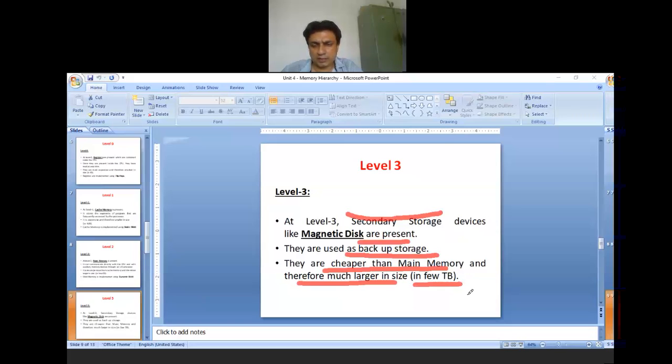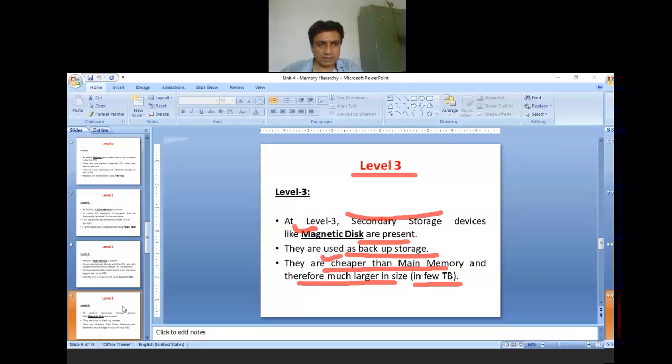TB means terabytes. Basically, the magnetic disk is larger than the main memory, but much cheaper than the main memory. So when you are required to save the data in TBs, we need magnetic disk, which is present at level 3.